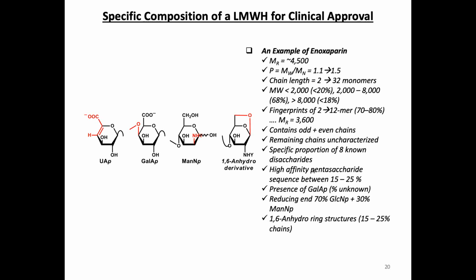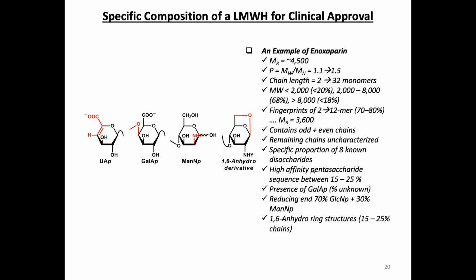They said that if somebody wanted to make a generic enoxaparin, they have to demonstrate that they have this structure, the 1,6-anhydro ring structure. And therefore, there was a lot of litigation going on that essentially prevented generic makers from introducing the product into the clinic.